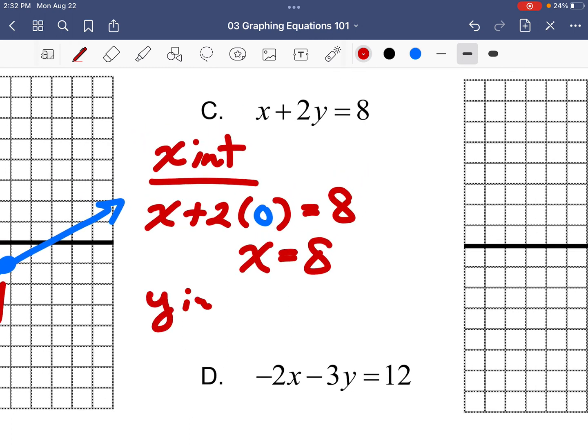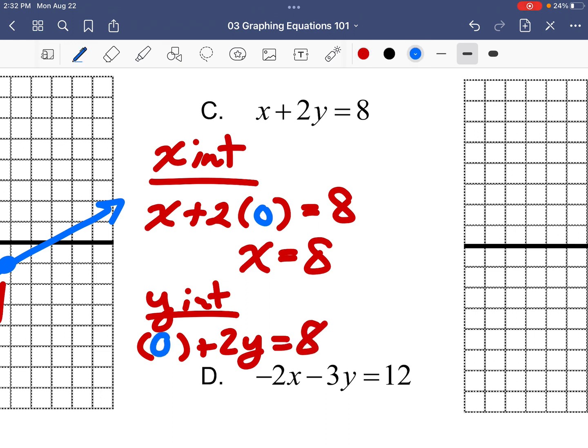How about the y-intercept? The y-intercept is when you plug a 0 in for x. Now, if I'm going to plug a 0 in for x, then I'm going to end up with that part of the equation disappearing, canceling out. As I said before, maybe you just kind of think about erasing it.